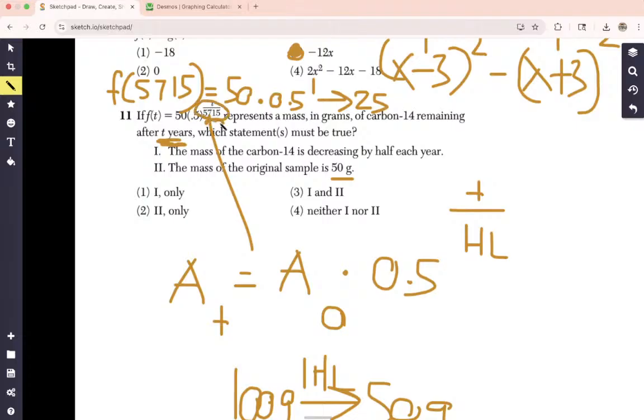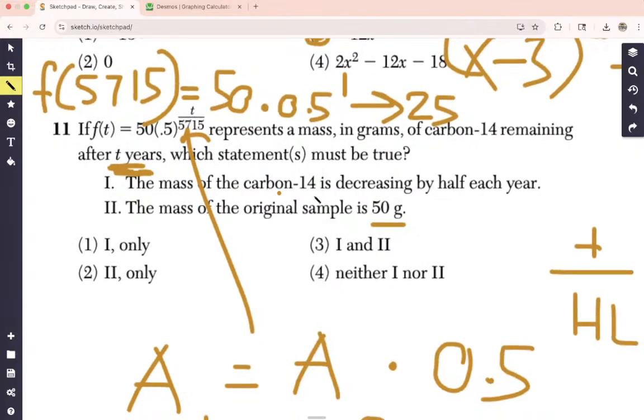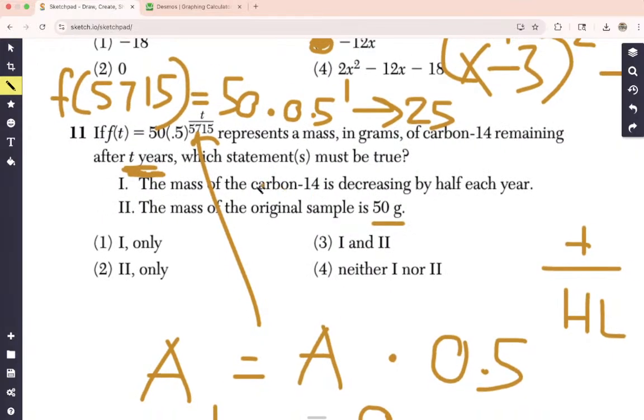Notice how the half-life in this case is 5,715. So this is saying the mass of carbon is decreasing by half, not each year, but every 5,715 years, because our time is in years.